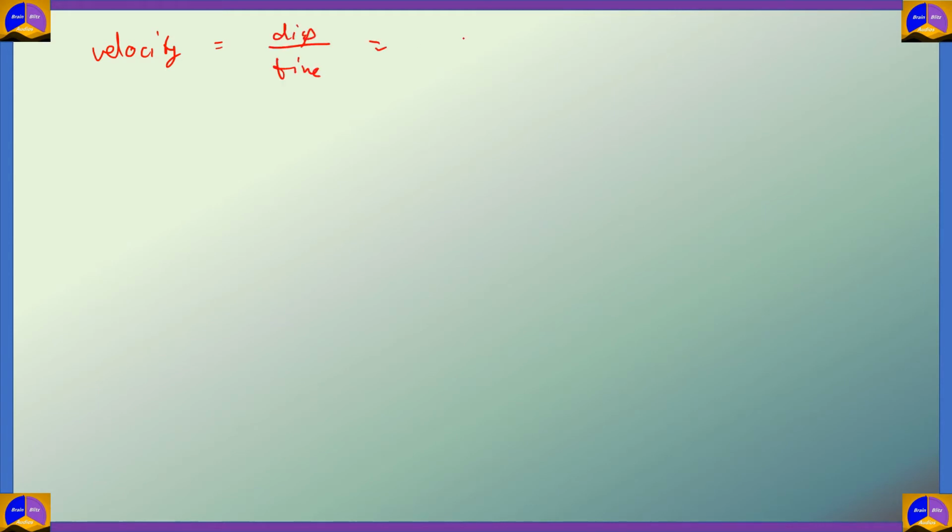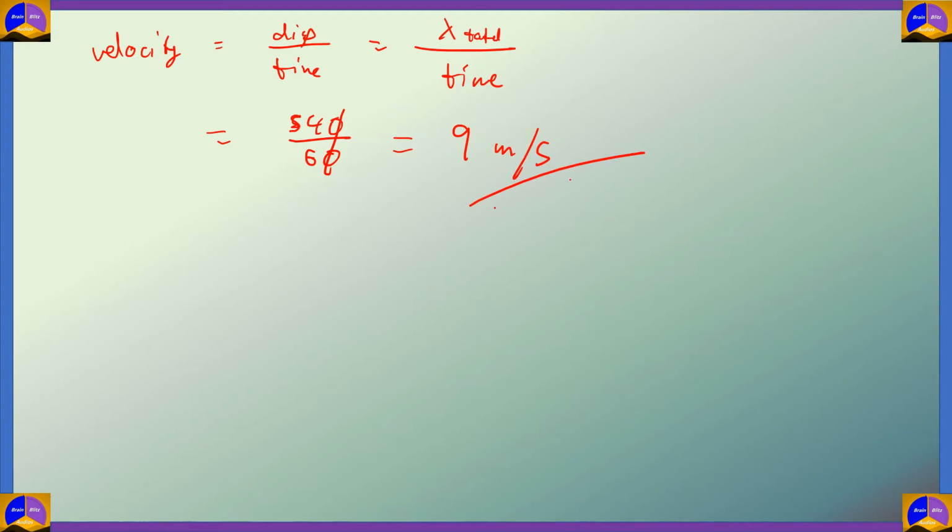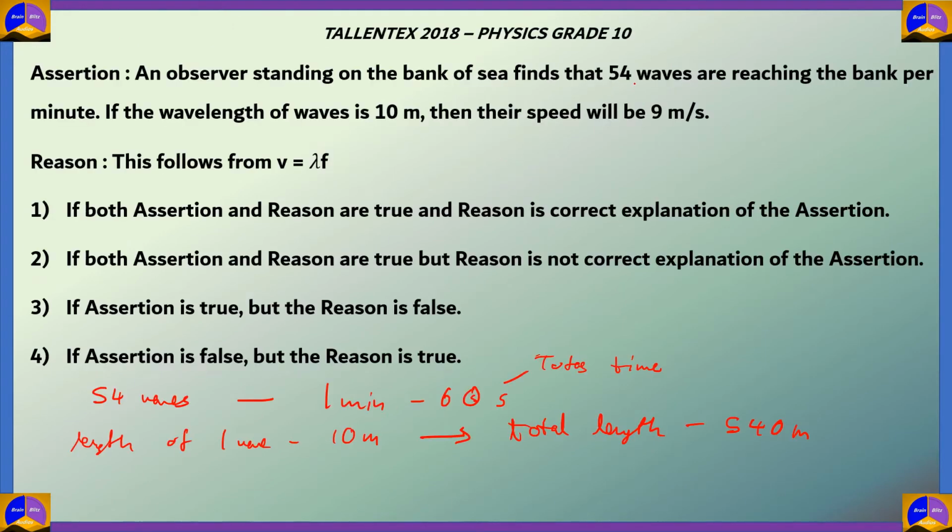In this case, it's the total wavelength, lambda total, divided by time taken. That means it's 540 divided by 60. The zeros get cancelled. 54 is 9 times 6, so 6 goes into 54 9 times. So the velocity is 9 meters per second. So that means the assertion is correct.